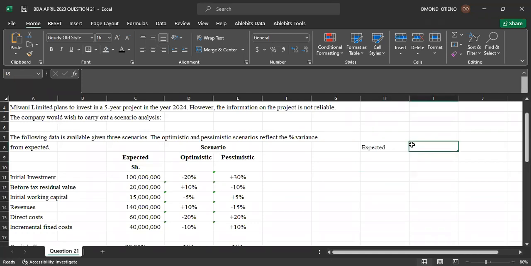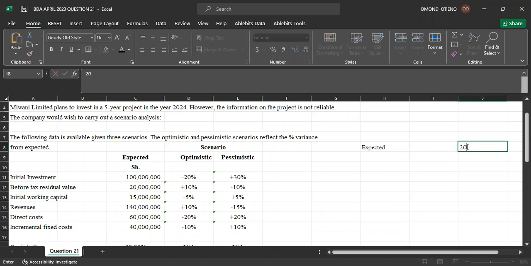All this is going to start from which year? 2024 to 2028. That's a 5-year period or 5-year project. So the first year of this particular project is 2024. That is the first year of our project.